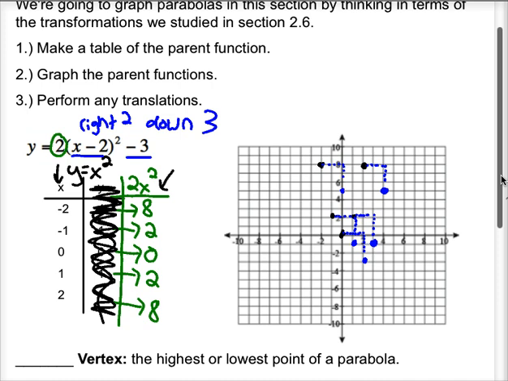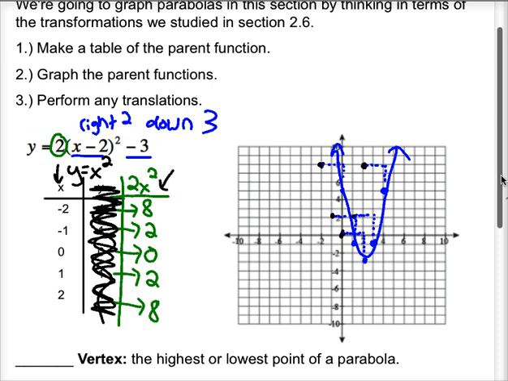So I have a set of new points now, and those points in blue are the parabola that I want. And this is very similar to how I taught you to graph absolute values. You start with a table, incorporate the stretch, then you shift it around.